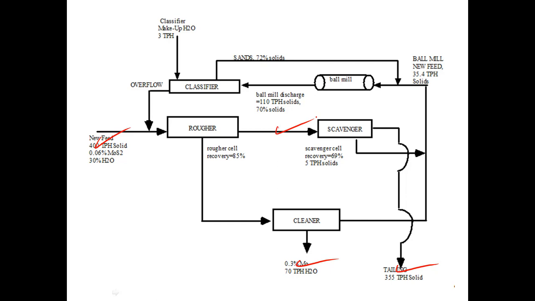Next, let's go to the scavenger concentrate, which hopefully makes sense because we've characterized the stream in the feed, in the tailing. Let's move on to the concentrate. So we've got the feed done, we've got the tailing done.